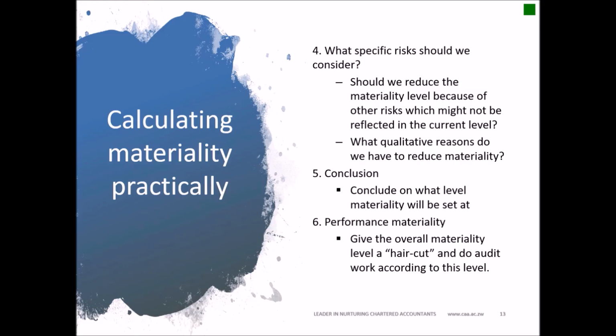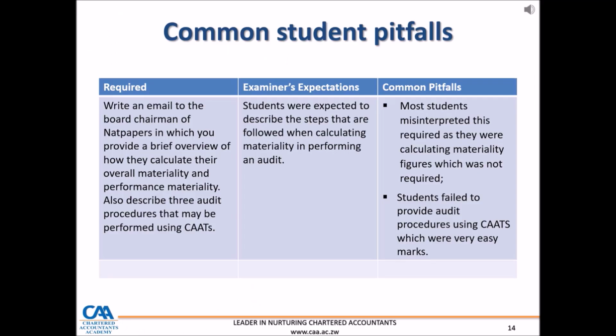We are saying you determined your overall materiality as 10,000, but then let's just trim this 10,000 by 2% so that our materiality is now lower, and if there are any instances of material misstatements, we will capture them within a lower materiality amount.